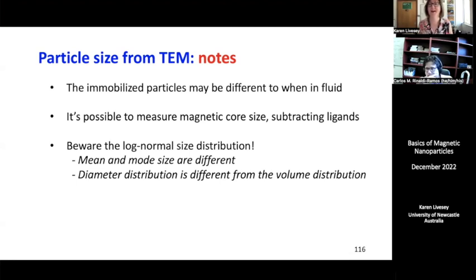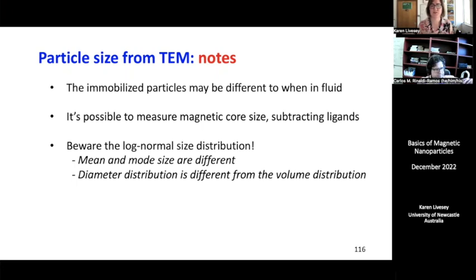I have been caught out by this, and a PhD student, Sarah, in fact, called me out on it, which was really good. I had made a mistake in my analysis. The log normal distribution is surprisingly cumbersome to use. For example, the mean and the mode size are sometimes used interchangeably, but they're actually different.